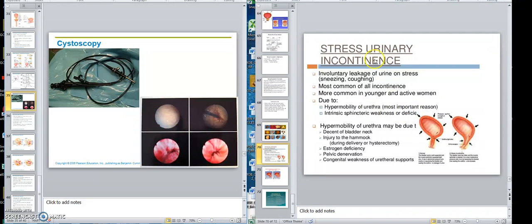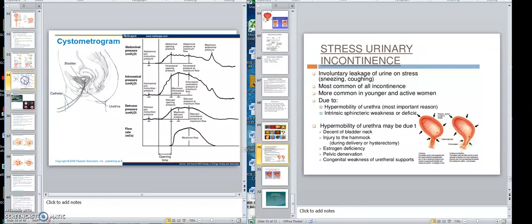And not just for stress urinary incontinence, but for other conditions too, looking for tumors, looking for excoriation, which is scarring, and various things of that nature. So that's called cystoscopy, looking inside the bladder, going up the urethra, and this is what we call the cystometrogram.